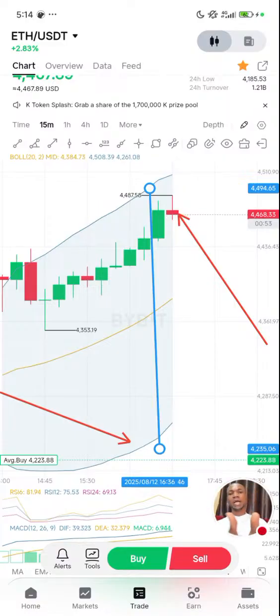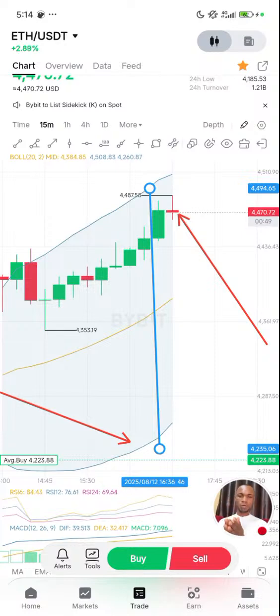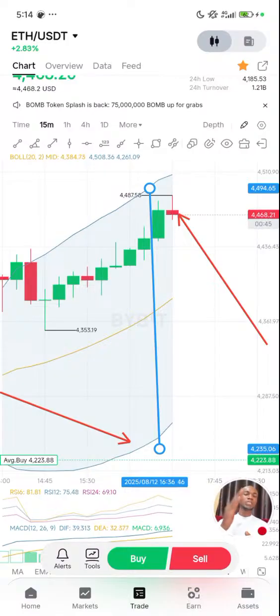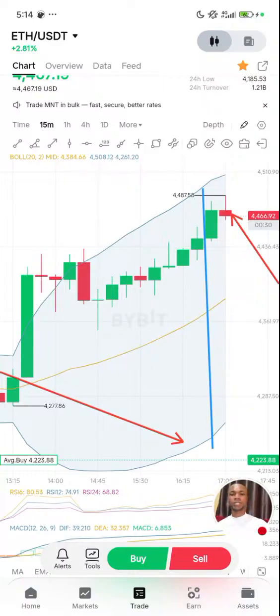Whenever you see this kind of sign, when the green candle is above the red candle, and the red candle, that is the last candle, manages to go up above the green candle, what is going to happen is, let me take this place for example.